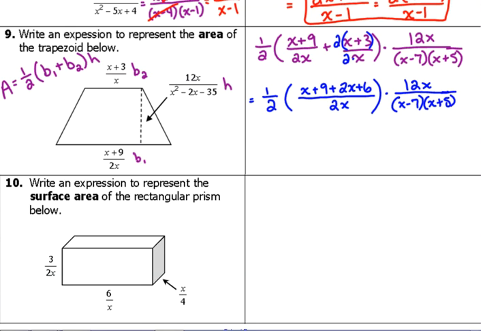And then I'm just copying down the rest of my problem. Let's see here. Combine like terms. We've got x plus 2x, which is 3x, and 9 plus 6 is 15.